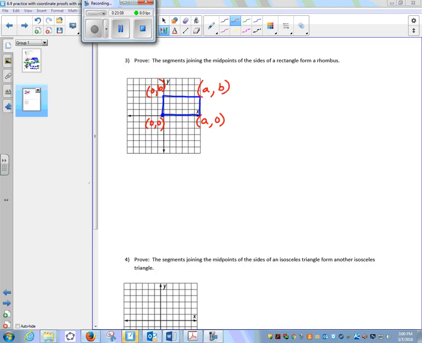Again, your coordinates might be different than mine. And since we're going to be doing a midpoint, you probably want to put a 2 in front of everything. Even if you add it as an afterthought, it's okay.